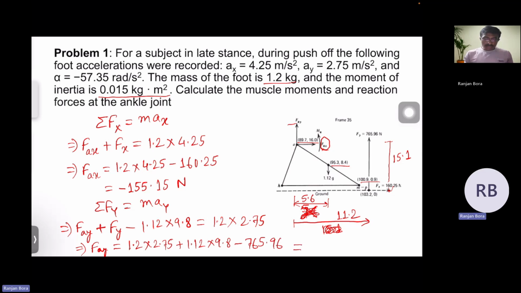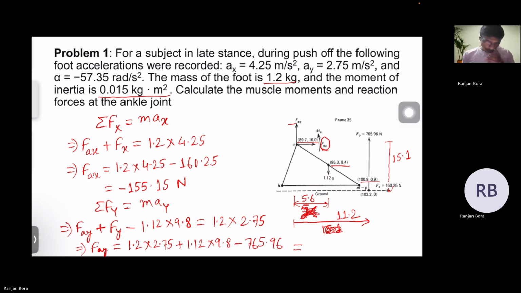So if we do this calculation, then it will come 51.6 Newton.